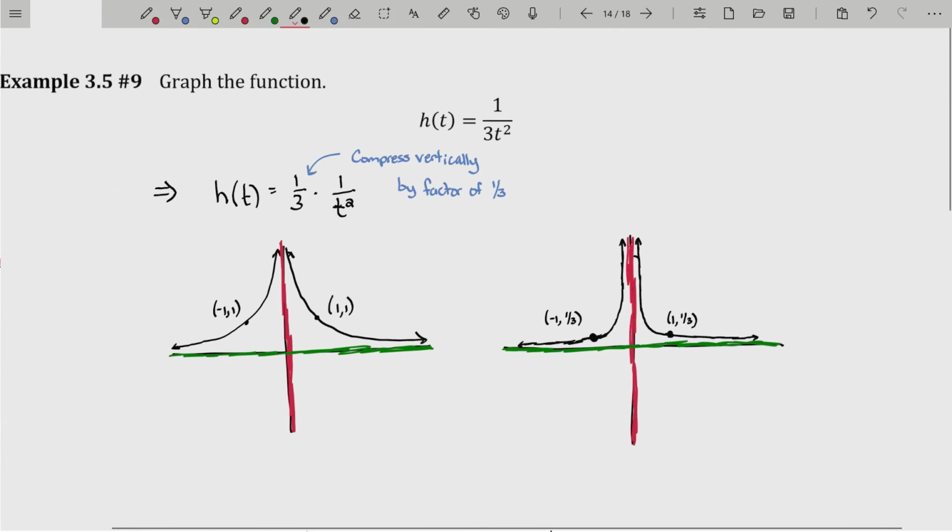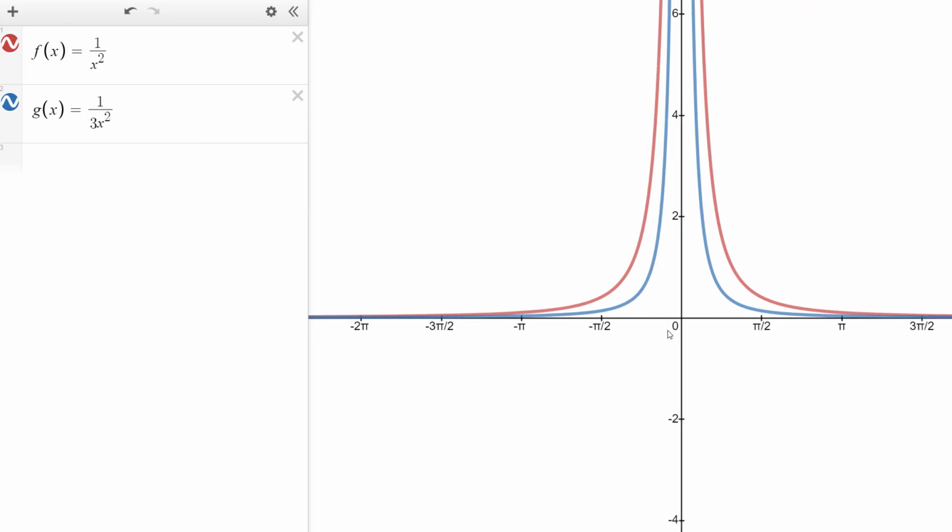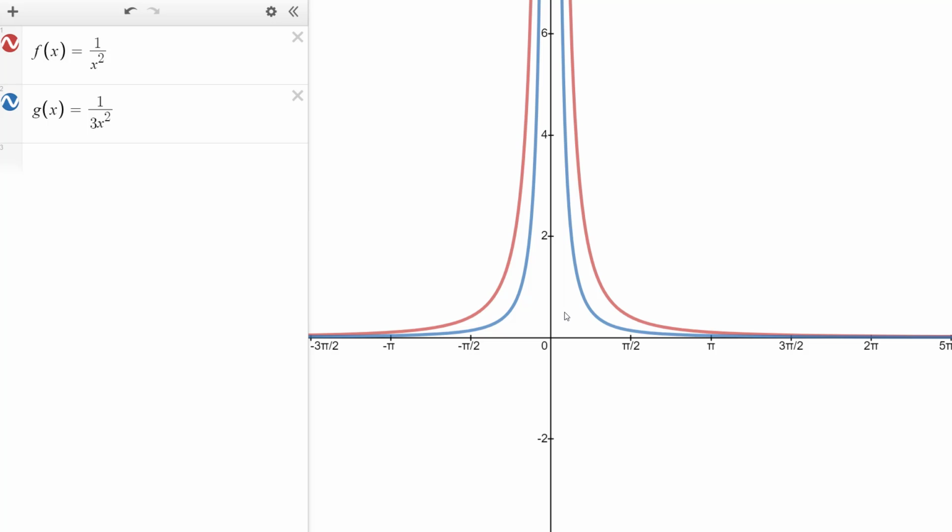And if you look at those two graphs, they're essentially the same. It's really, really difficult to showcase a compression or a stretch of a reciprocal function like this. But there you have it. That's how you would do a compression of a reciprocal function. And I just decided to show really quickly what these two graphs look like compared to each other.